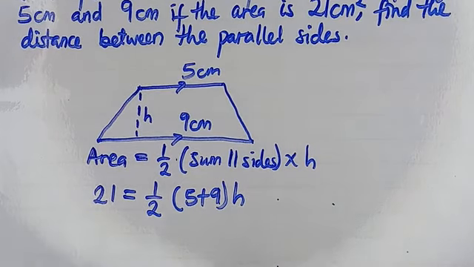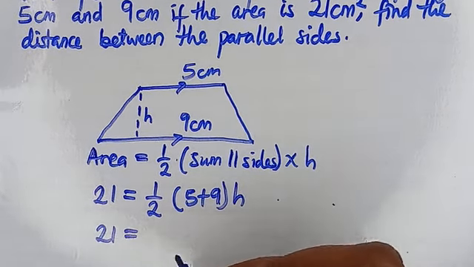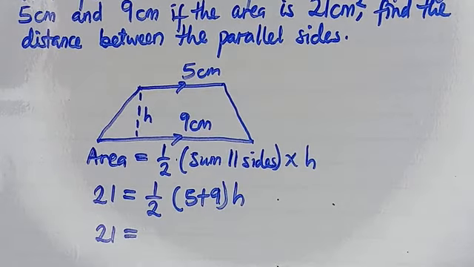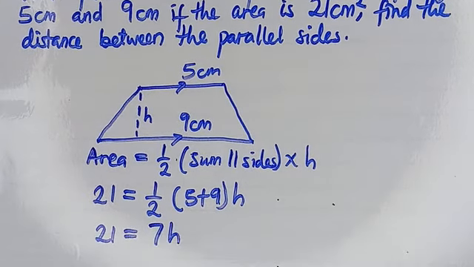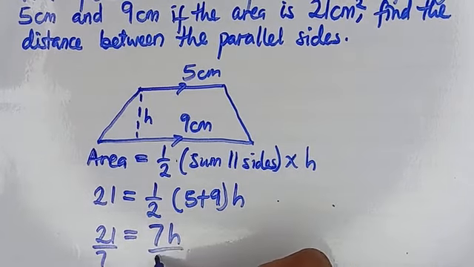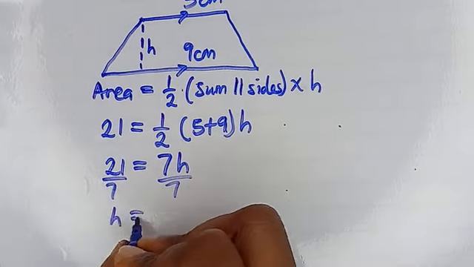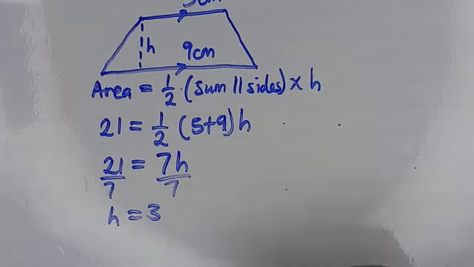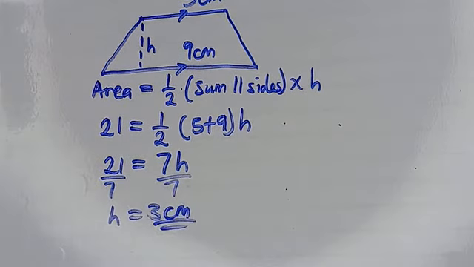Simple, right? We open up the bracket and solve the fraction. We have 21 is equal to 5 plus 9, that is 14, so half of 14 is 7, so we have 7h remaining. We divide both sides by 7. You can see how easy that is, right? Then h is equal to 3, because 21 divided by 7 is 3, and the unit is cm. So the distance between the two parallel sides, h, is actually 3 cm.